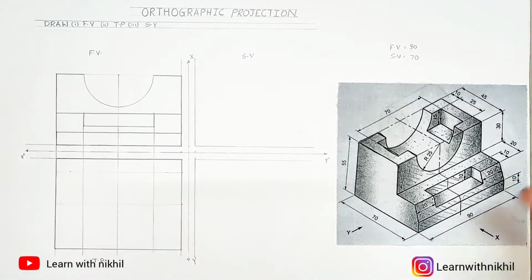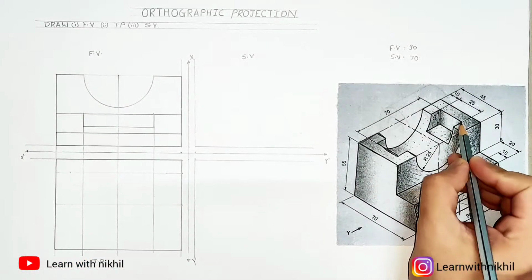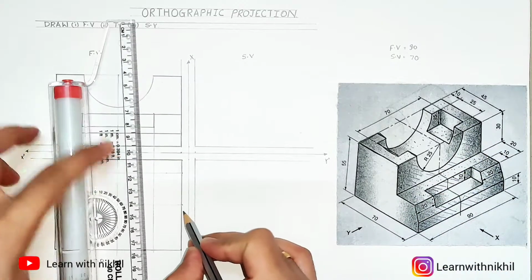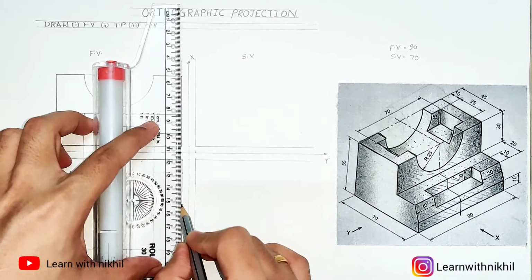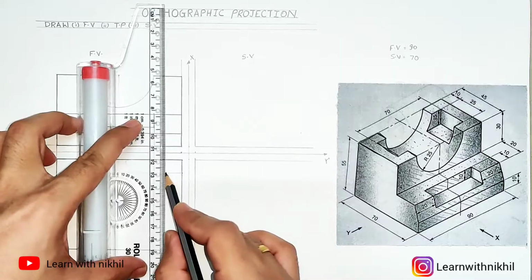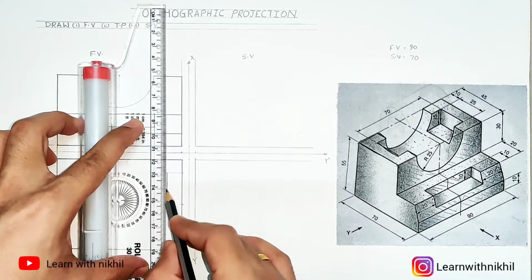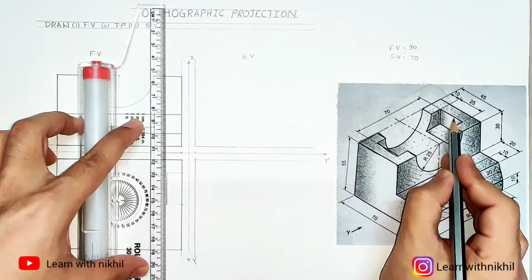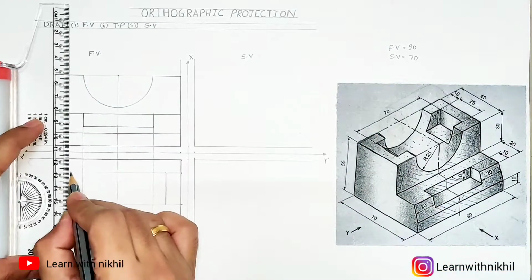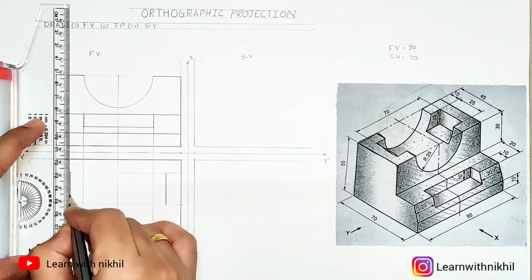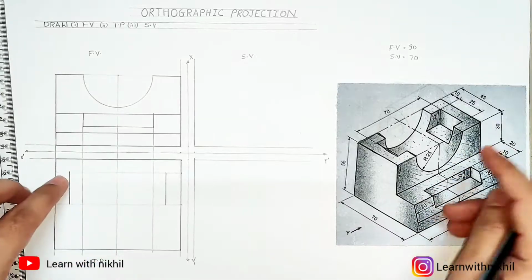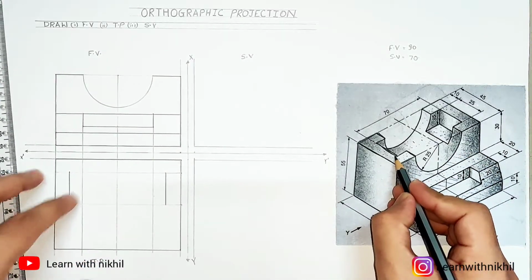This distance is 70. Now this height is 25, we have already marked. So from this point we will draw a straight dark line. This height is 25 millimeter and also on the other side a straight dark line. This is this line.